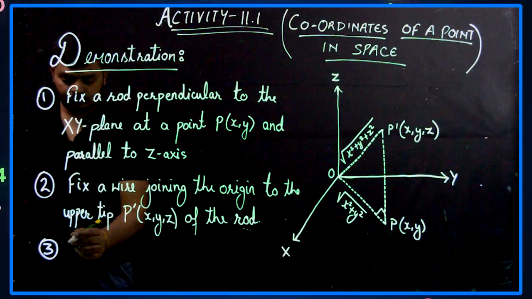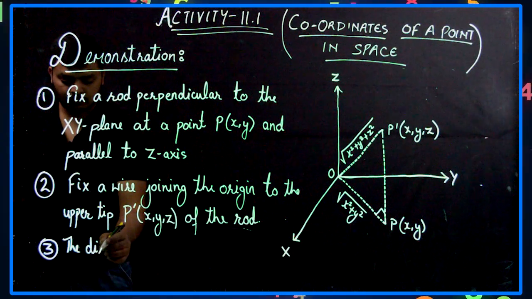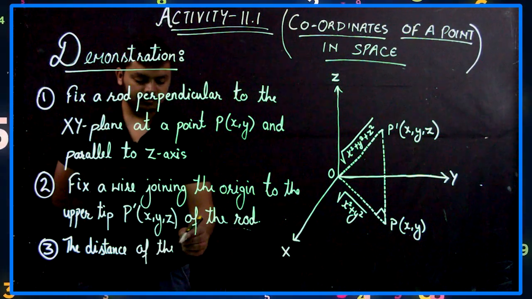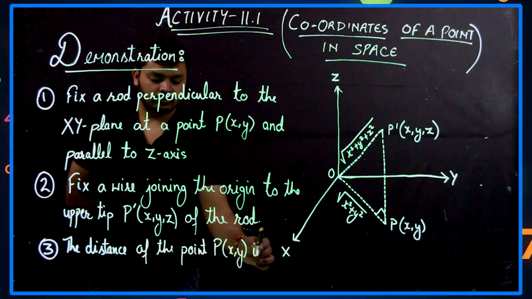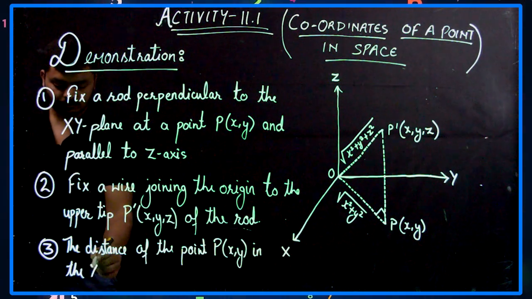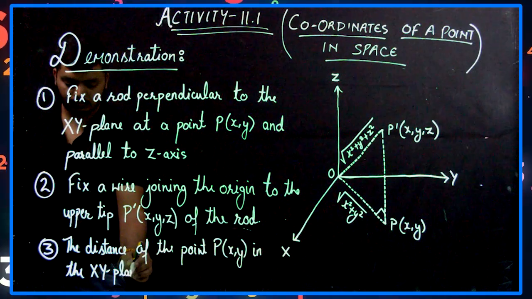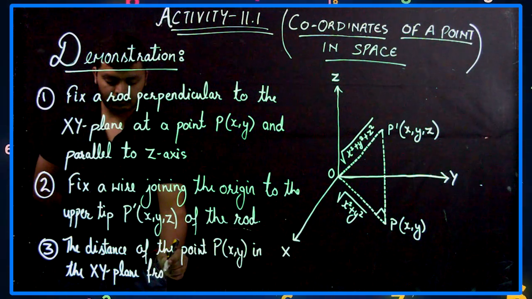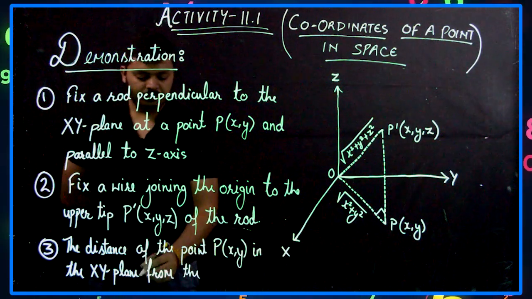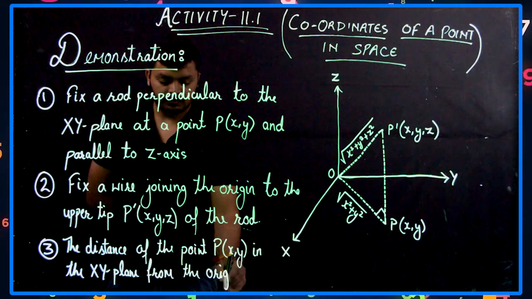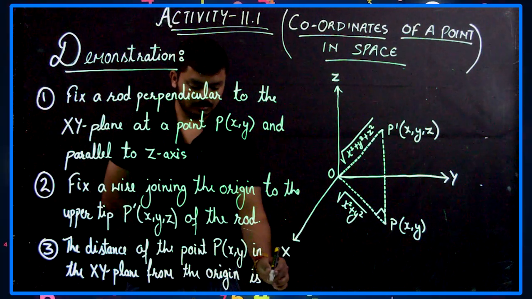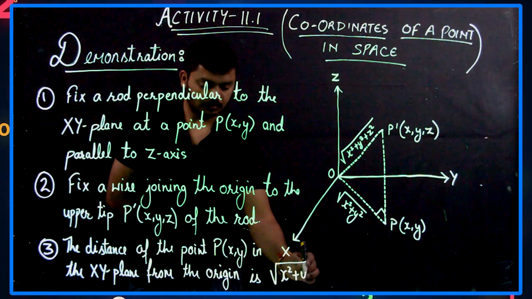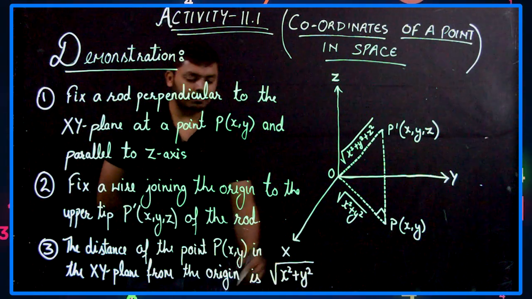So the distance of the point P in the XY plane from the origin is under root x square plus y square.